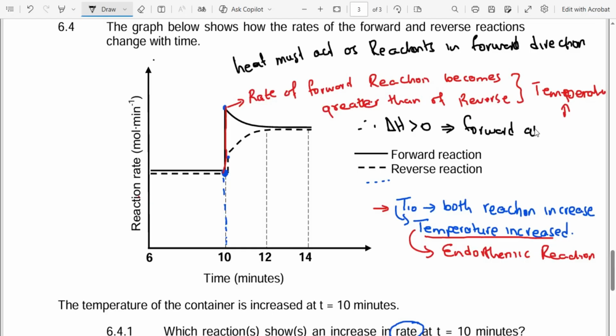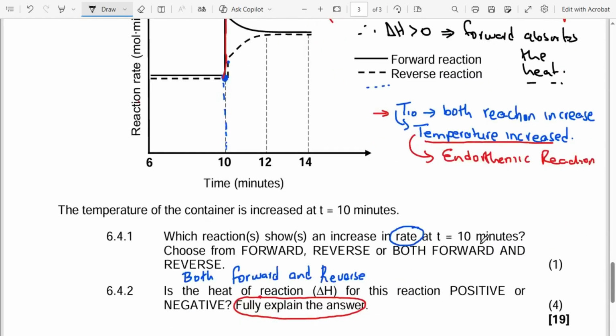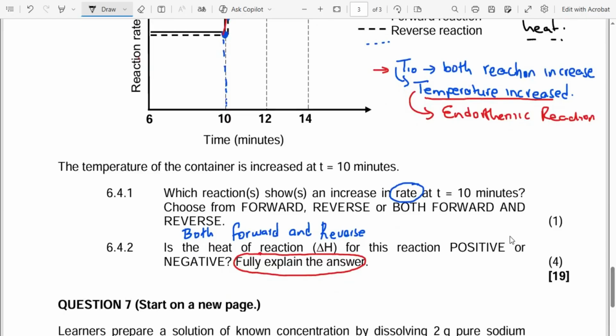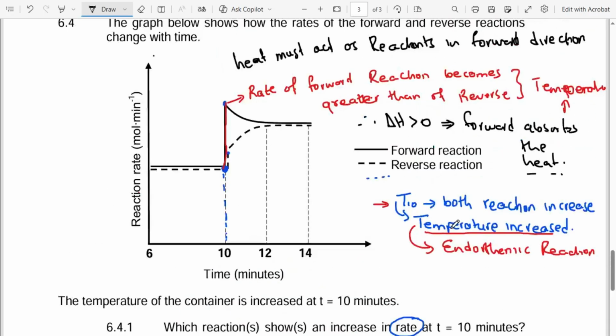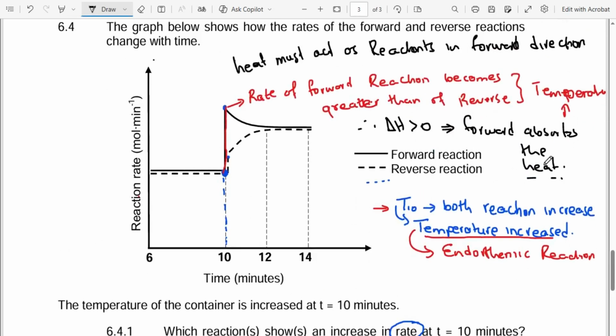So the forward reaction absorbs the heat. So since it absorbs the heat, the endothermic reaction is favored. So to answer your question, delta H is positive. The delta H is positive because we said the forward reaction absorbs the heat.